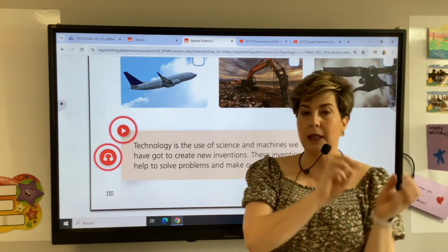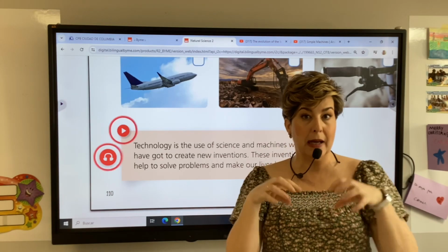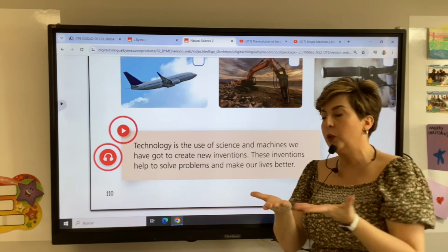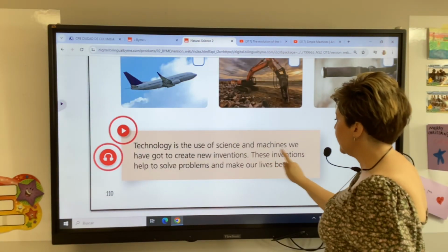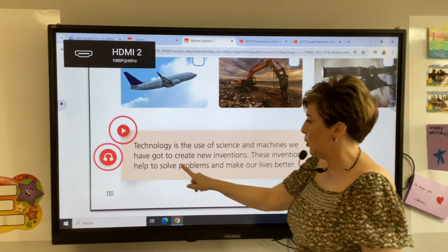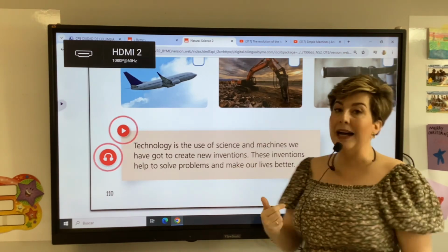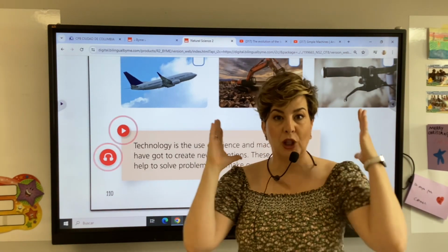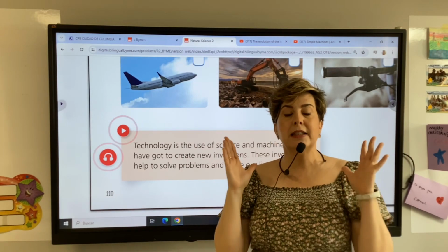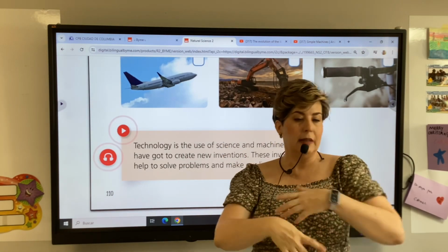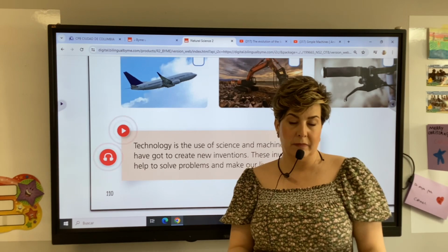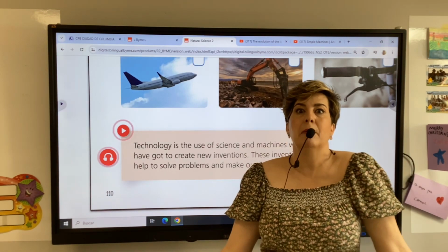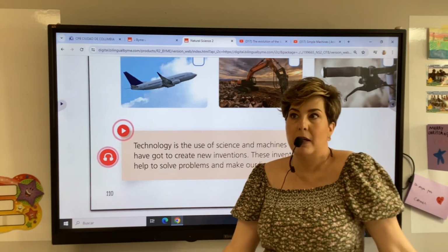So with the simple and complex machines that we have, we are going to create new machines, new inventions. These inventions help to solve problems and make our lives better. Remember that the objective of machines is to make our daily life easier. If it makes it more difficult, then why would I buy a machine? I wouldn't buy a machine.